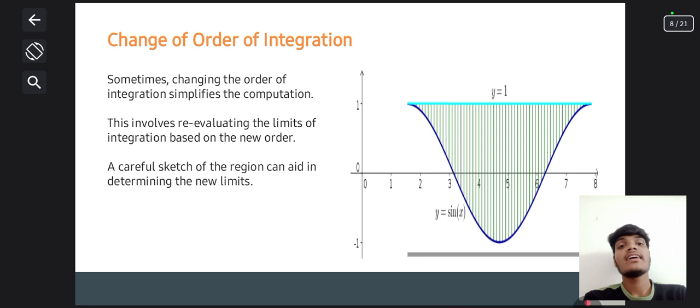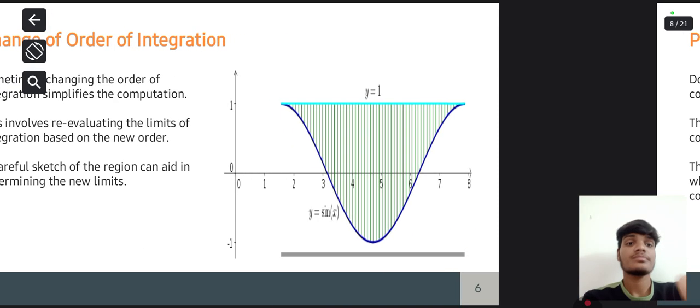This involves evaluating the limits of integration based on the new order. A careful sketch of the region can aid in determining the new limits. The graph is shown here, and they have changed the order of integration. This is the process of changing the order of integration.